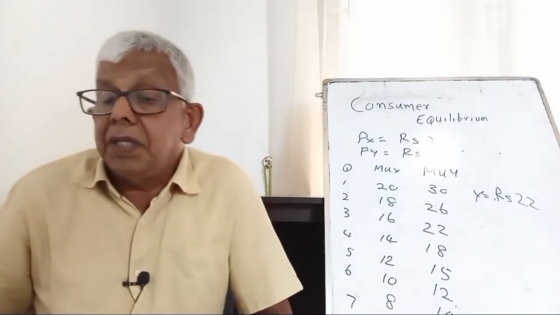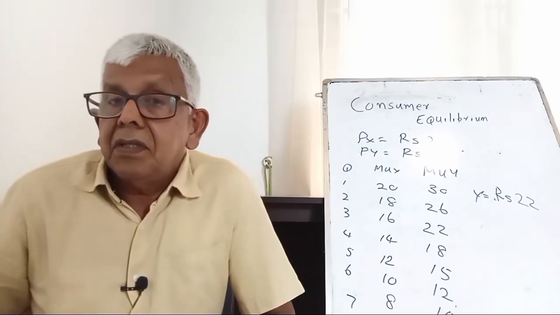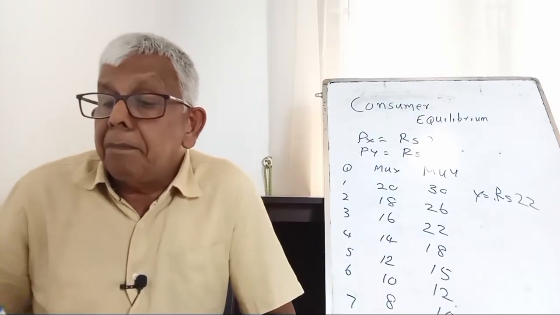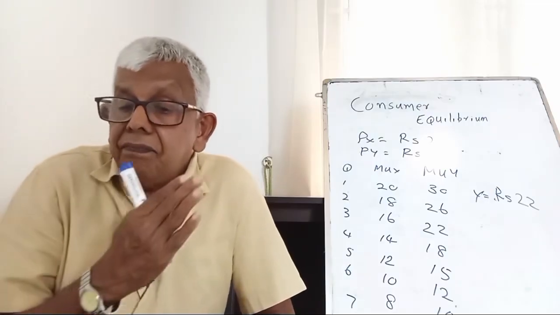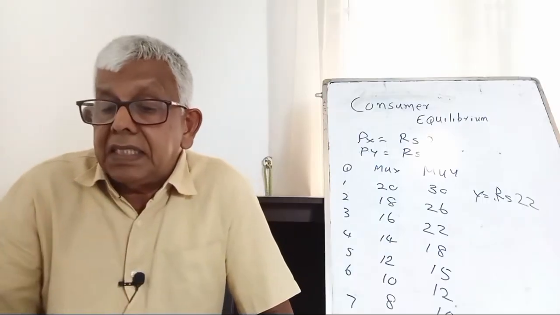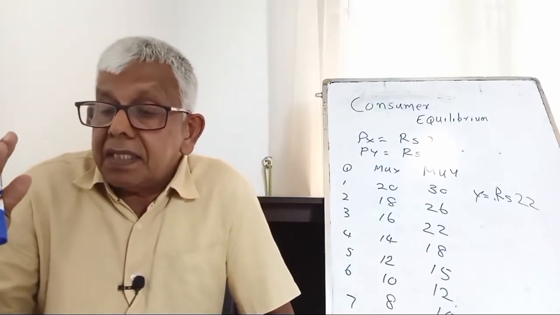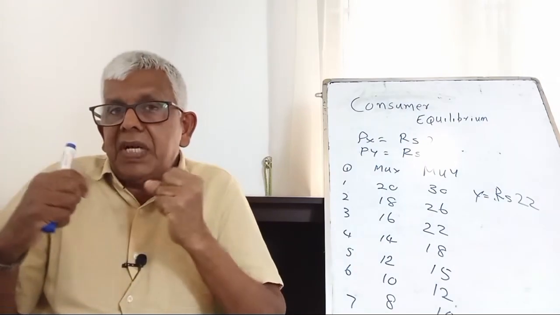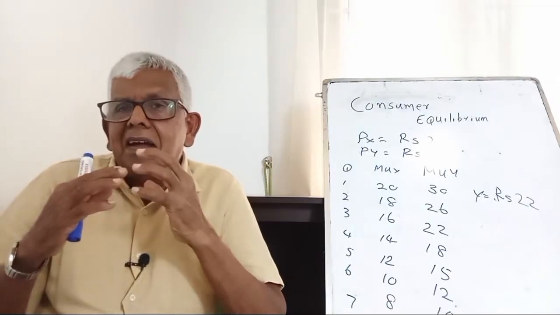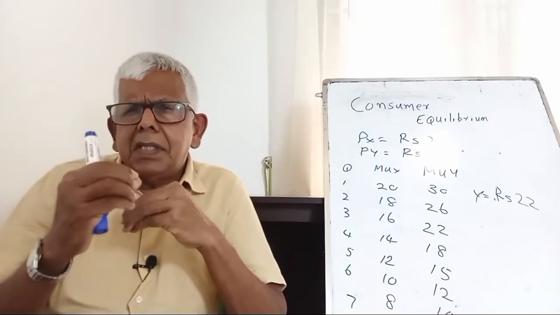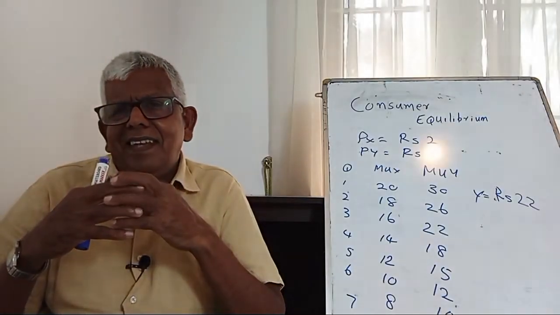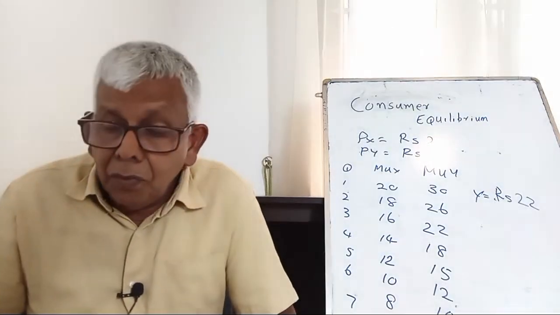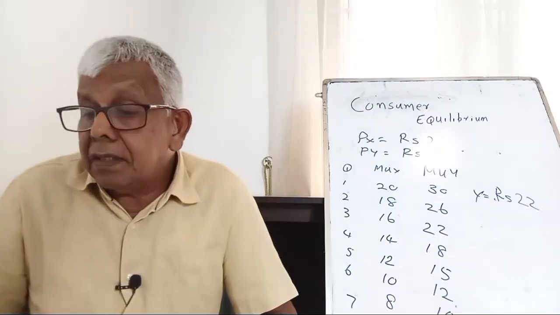Here he has two different prices, 2 rupees and 3 rupees respectively, to compare X and Y. If the prices of X and Y were the same, he could just compare MUx and MUy, the marginal utility of X and the marginal utility of Y.